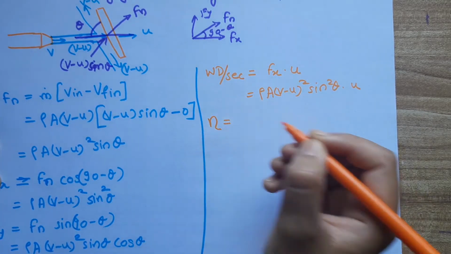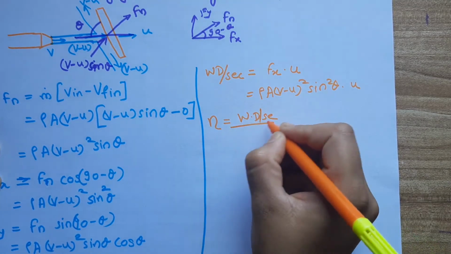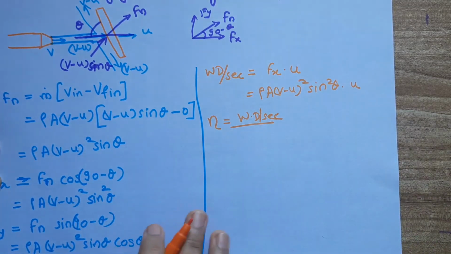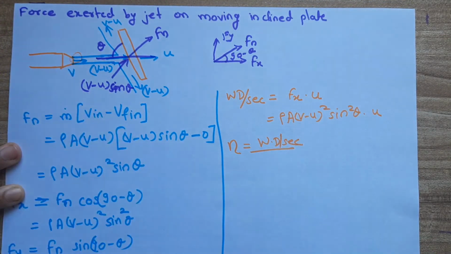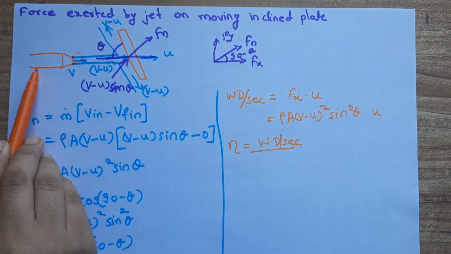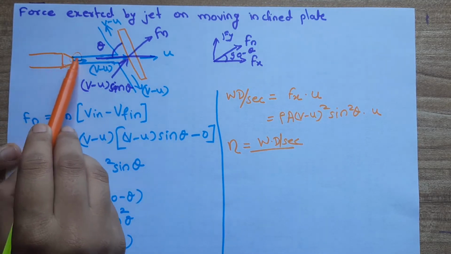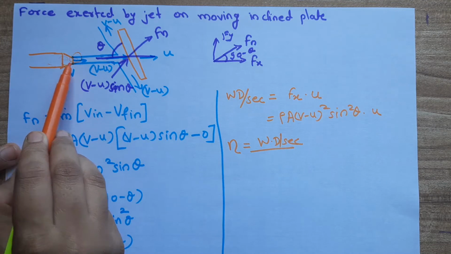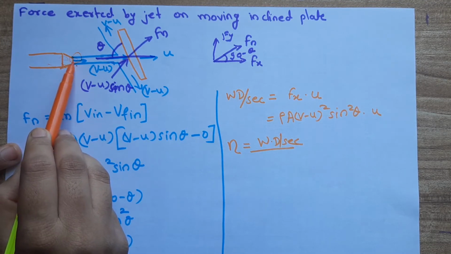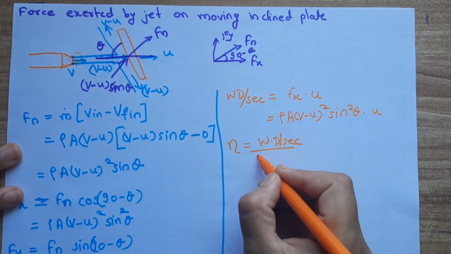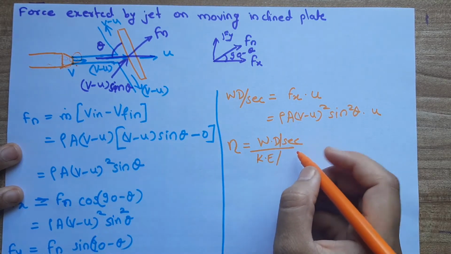So efficiency in this case is equal to work done per second divided by what we have supplied, that is the input, the kinetic energy which is generated over here. Initially there is a pressure energy, and when that water with the pressure energy passes through this nozzle it will get converted into kinetic energy. So the rate of kinetic energy will be the input for our inclined plate.